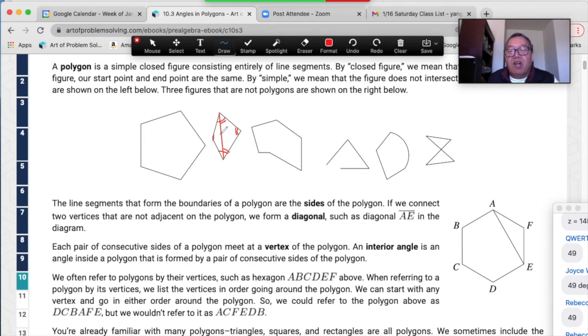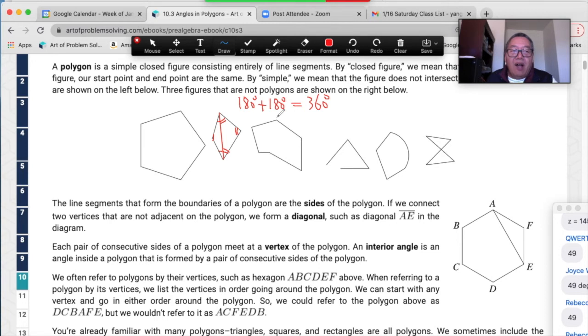Because this one has 180, this one 180, therefore for a general quadrilateral, the sum of interior angles always equals 360 degrees, right?